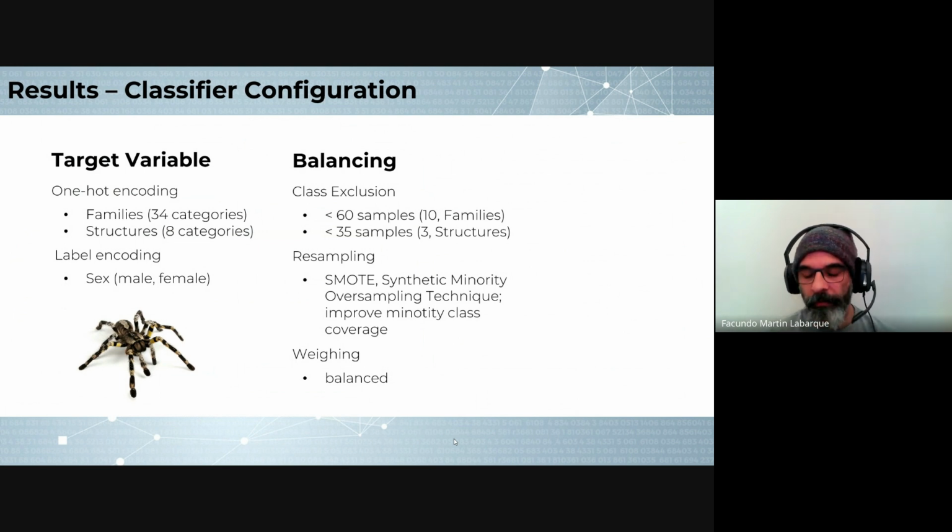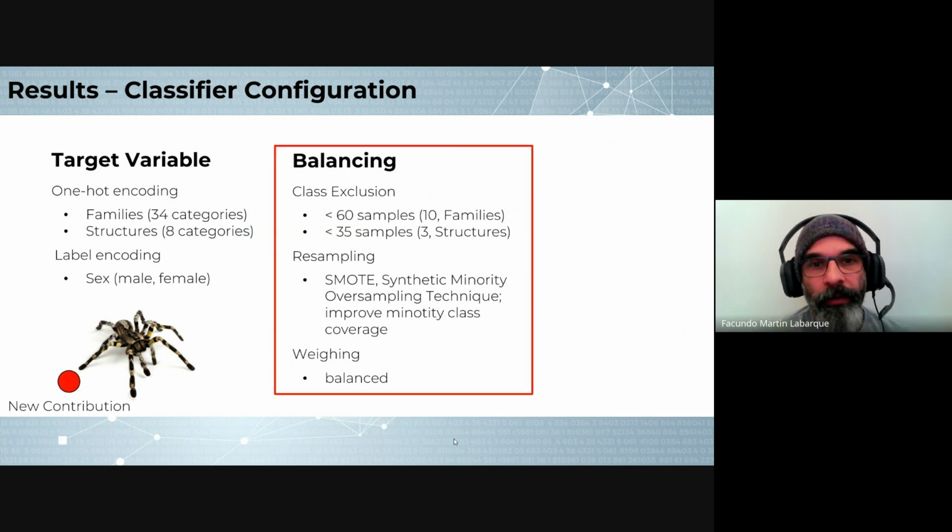To balance the datasets, we did resampling using SMOTE, the synthetic minority oversampling technique, which improved the minority class coverage. And also we applied weightings on the matrix using balanced, and we tested both of them independently to see which one worked better on our dataset.